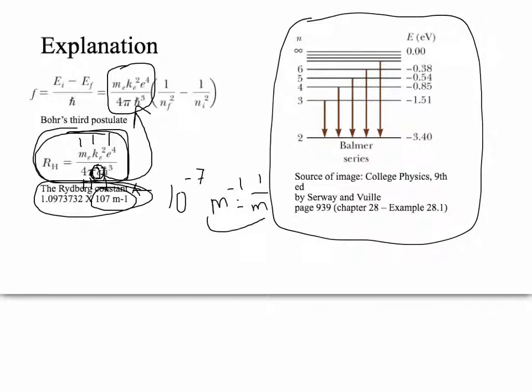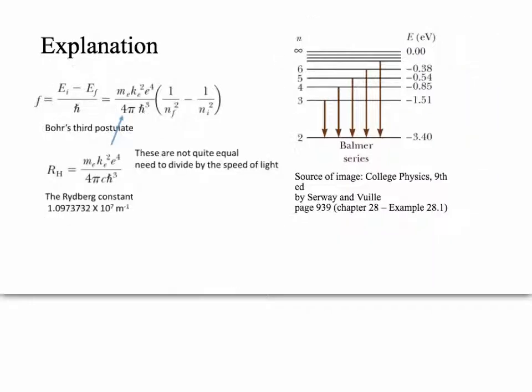This is just a little reminder of exponent rules. If we have a to the negative 2, that's equal to 1 over a squared, and so on. So whenever my unit is negative 1, then it's really 1 over that unit. Just a quick reminder.